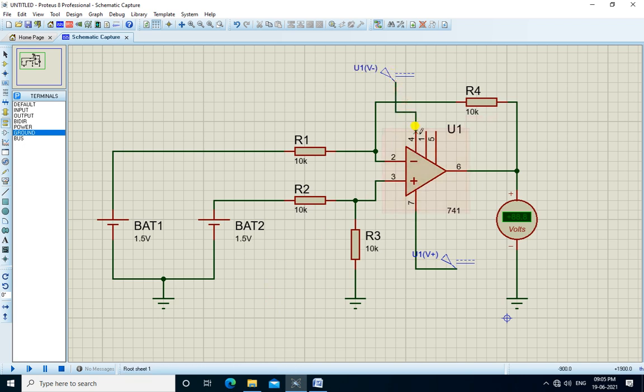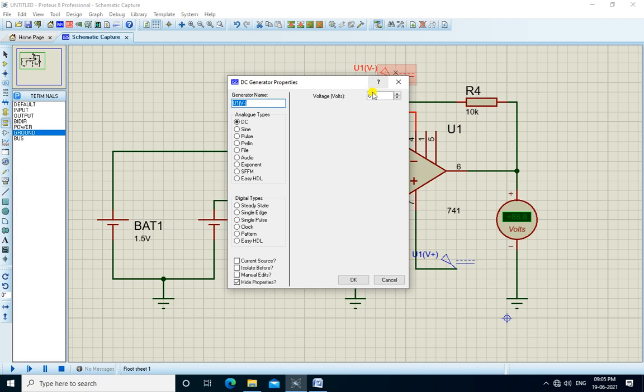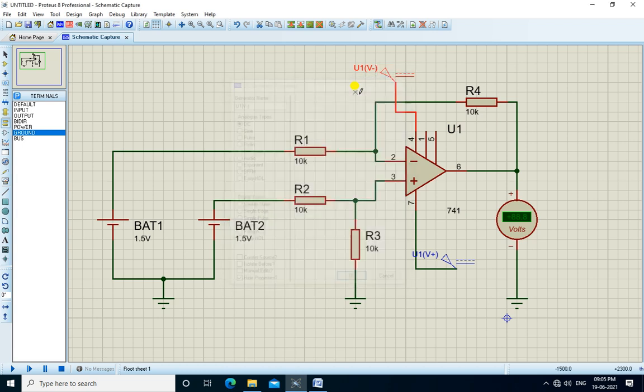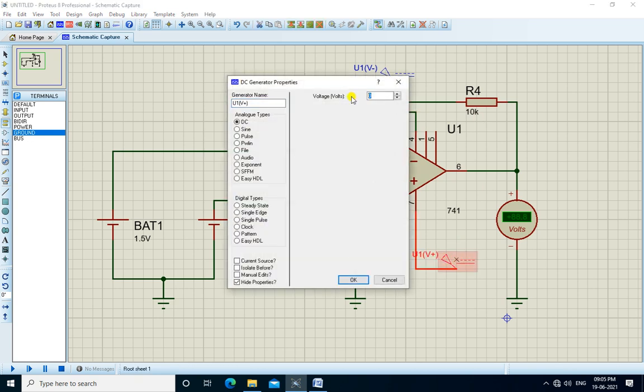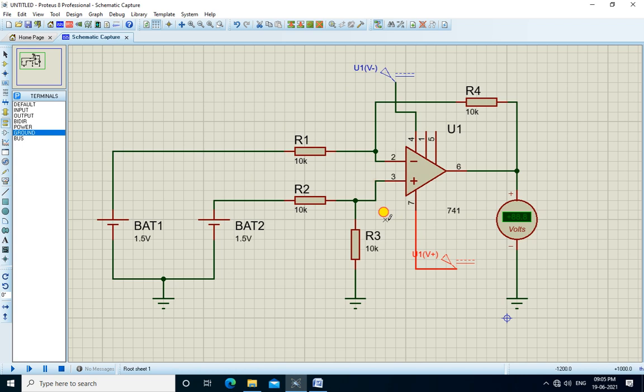Now apply minus 9 volt to minus VEE at pin number 4 and plus VCC, that is 9 volt, to pin number 7.